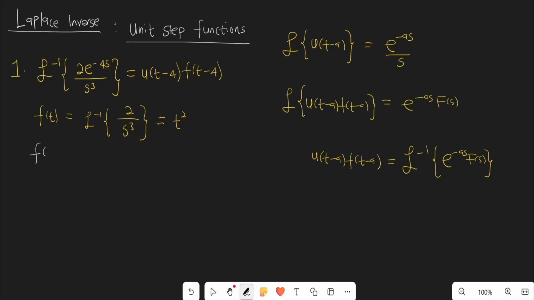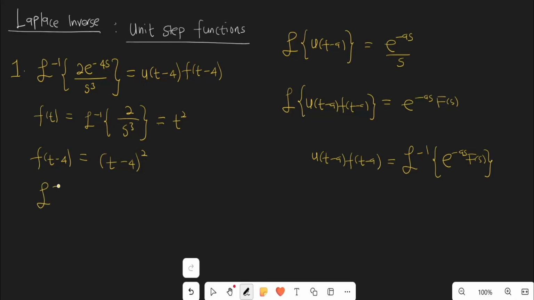Now we can find f of t minus 4. This one should be in yellow, I'm sorry for this. So f of t minus 4 is equal to t squared, now shifted by 4, so that is going to be t minus 4 all squared. Now that we have gotten f of t minus 4, we can plug it back here.